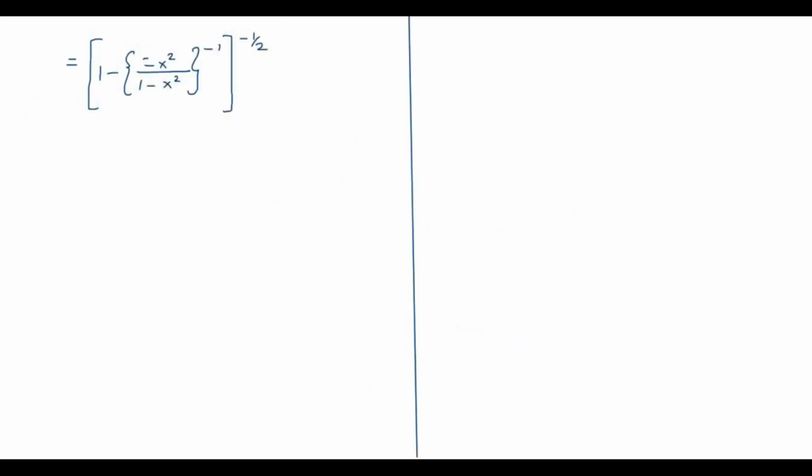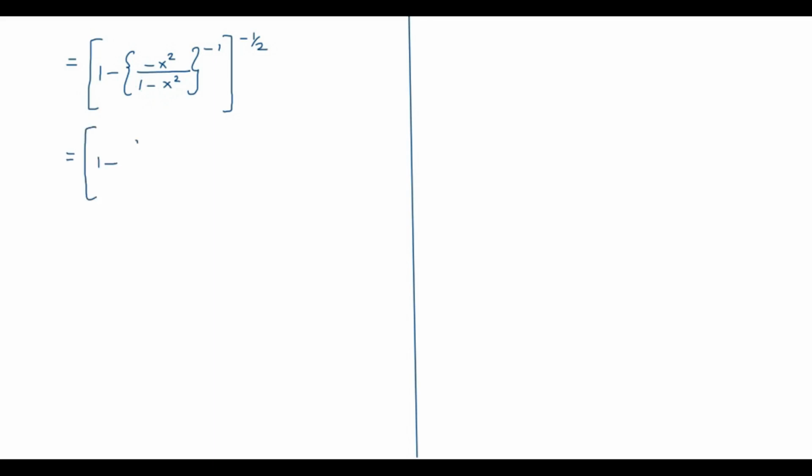Here I am going to take this negative sign to the denominator. In a fraction, if there is a negative sign in the numerator, the same negative sign can be taken to the denominator. So I am going to switch this negative sign to the denominator. If I switch the negative sign to the denominator, this 1 will become -1, this negative x square will become positive x square. Okay, let's do it in the next step.